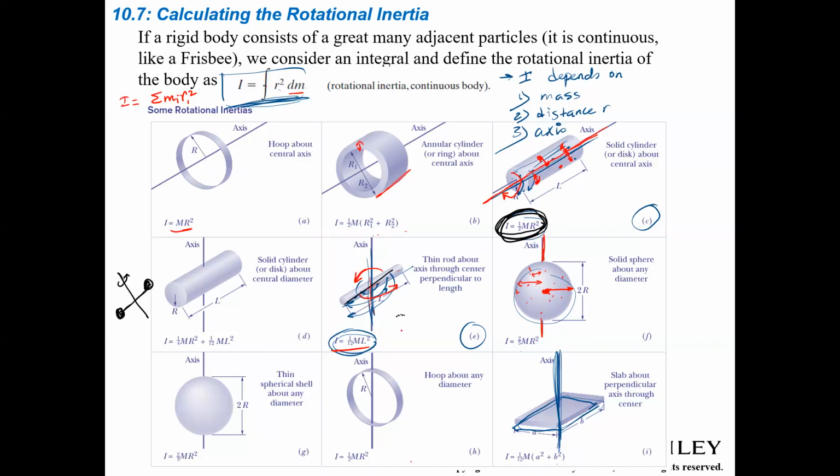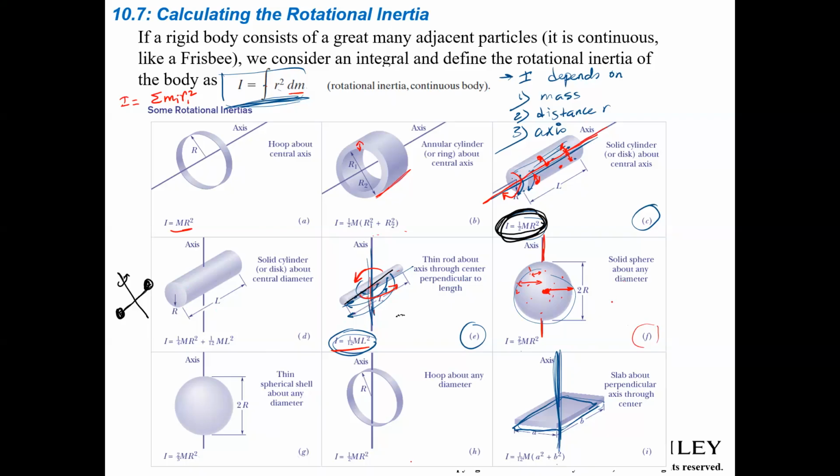So basically, the difference between D and E is that here it's just like a thicker rod. The radius is significant. Here I'm considering the radius to be not significant. All right? In figure F, I have a solid sphere.